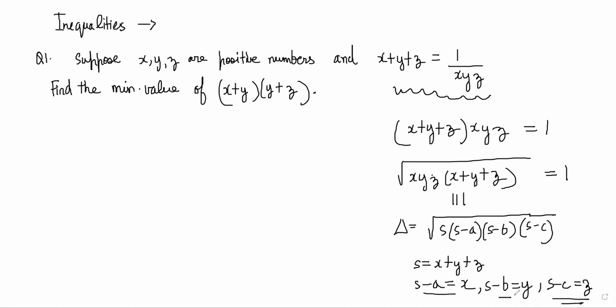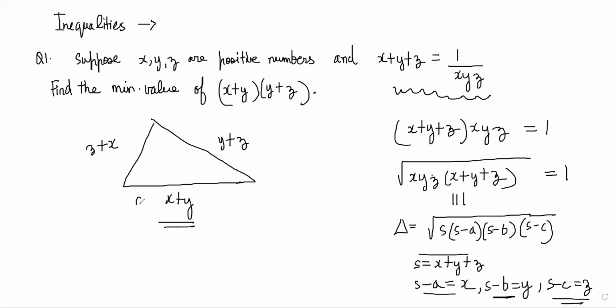So if we think of the inequality in terms of a triangle, we can deduce that the sides of that triangle ABC can be given as x plus y, y plus z, and z plus x.